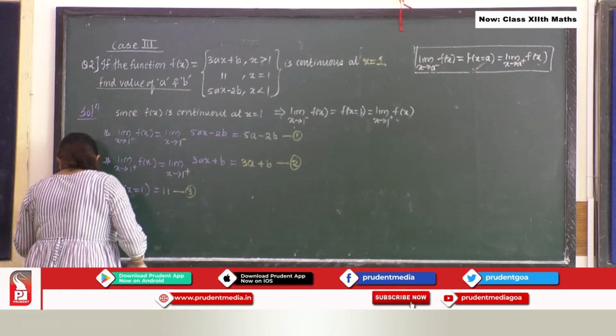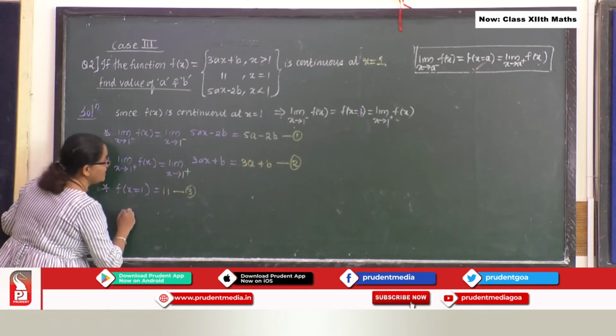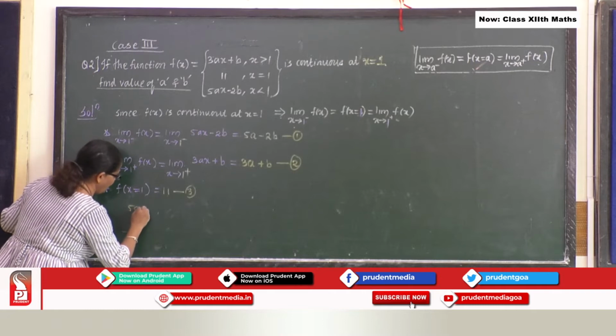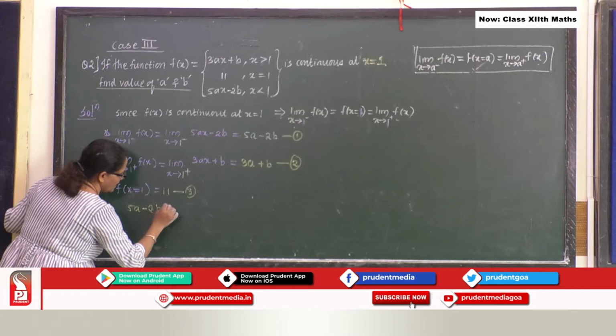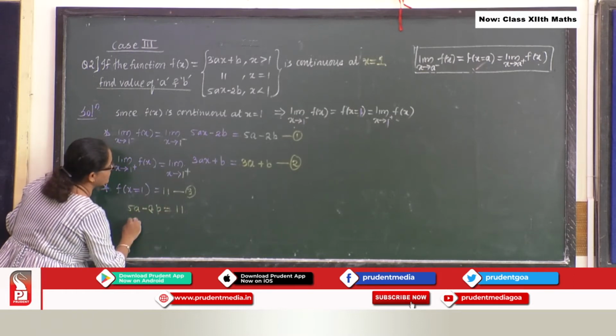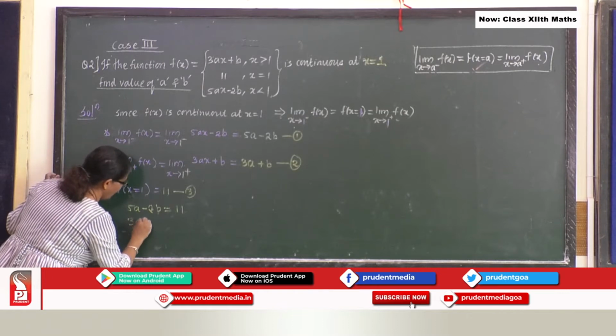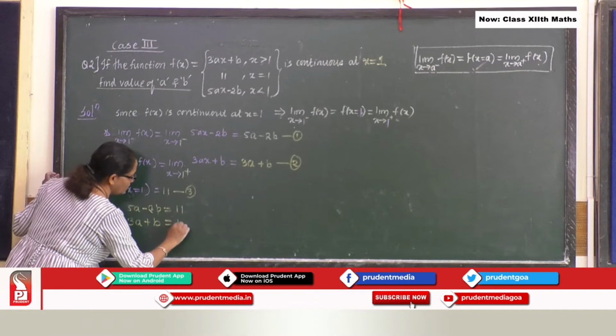So with this observation, I will say 5a minus 2b is equal to 11. And then I say again 3a plus b is equal to 11.